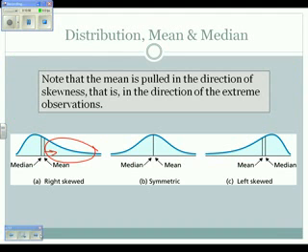And then if we have left-skewed data, our mean gets pulled more to the left. Whereas if we have perfectly symmetrical data, our mean and our median will be the same. So the mean actually gets pulled more than the median when we have skewed data and extreme data values.